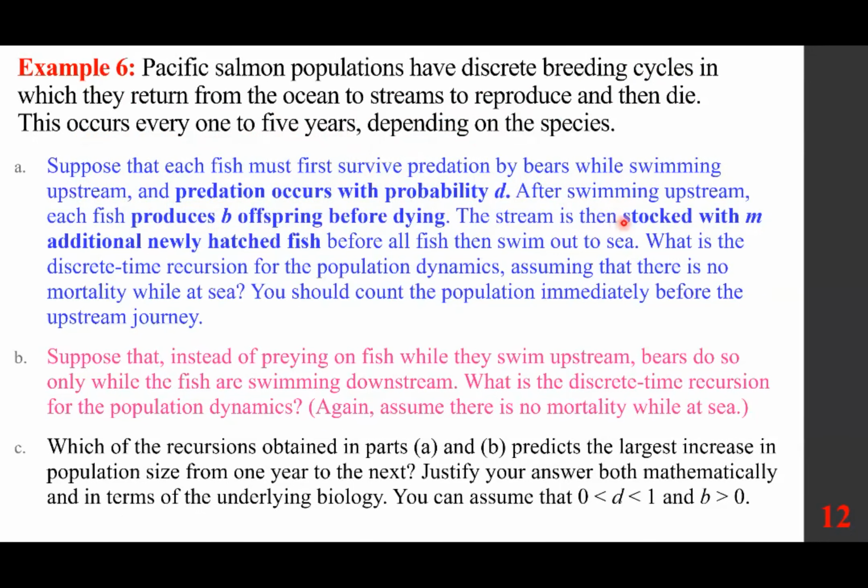The stream is then stocked with M additional newly hatched fish before all fish then swim out to sea. What is the discrete time recursion for the population dynamic, assuming that there is no mortality while at sea? You should count the population immediately before the upstream journey.